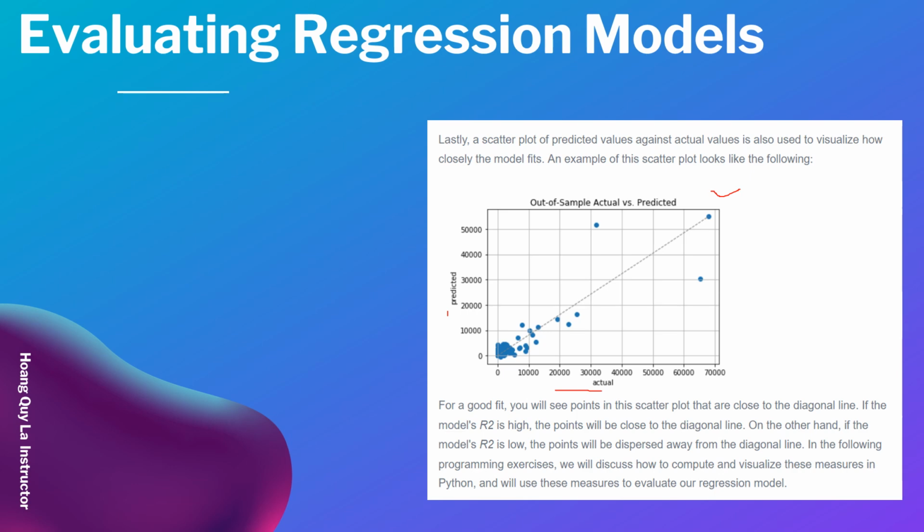For a good fit, you will see points in this scatter plot that are close to the diagonal line. If the model's R square is high, the points will be close to the diagonal line. On the other hand, if the model's R square is low, the points will be dispersed away from the diagonal line.